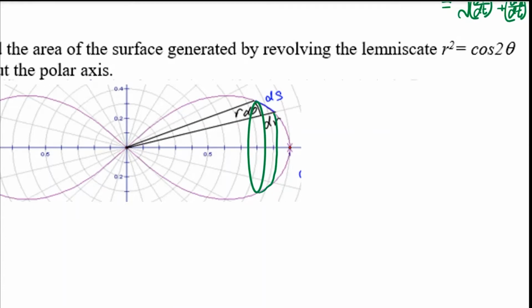So this is the onion ring that we create. That's my dA. Okay, so let's get the dimensions. This much is still y, isn't it? Because remember our dA was y times ds, wasn't it?